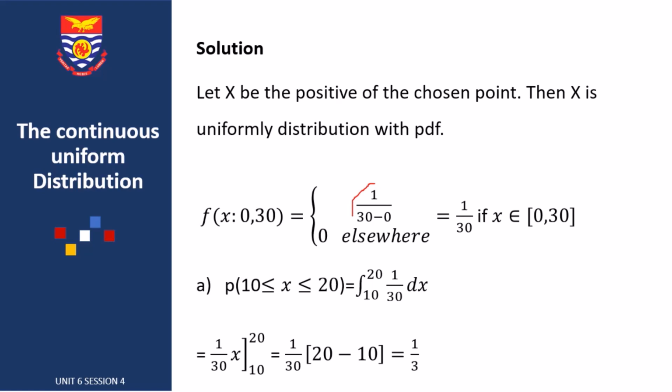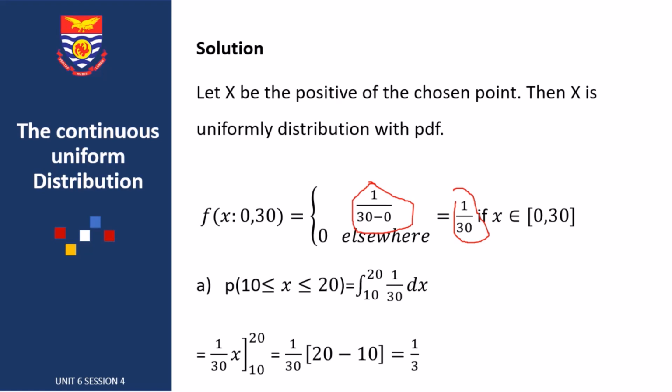Since our closed interval is [0, 30], with 0 being a and 30 being b, what we have here is 1 over 30 minus 0. That gives us 1 over 30, where x belongs to the closed interval [0, 30]. That's how we've stated the distribution.